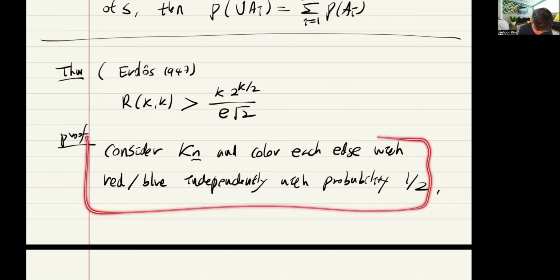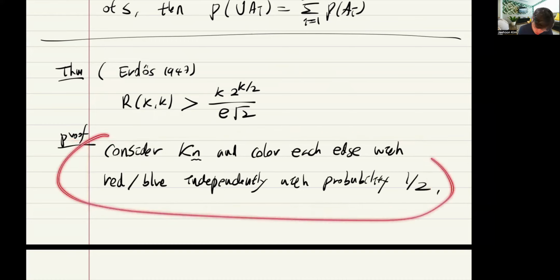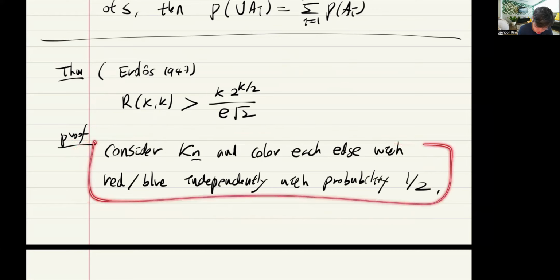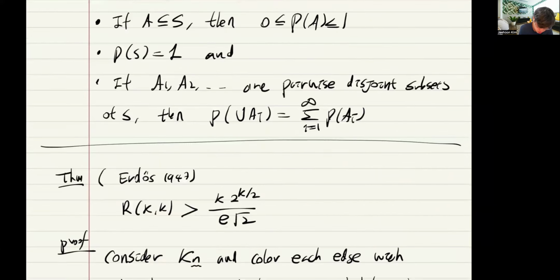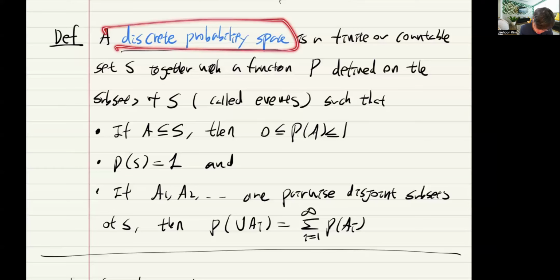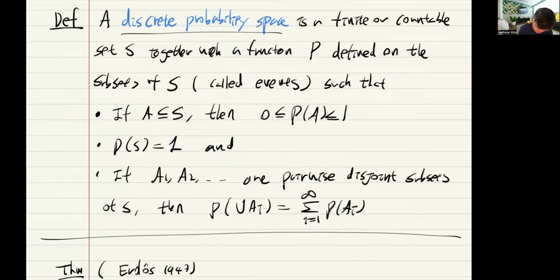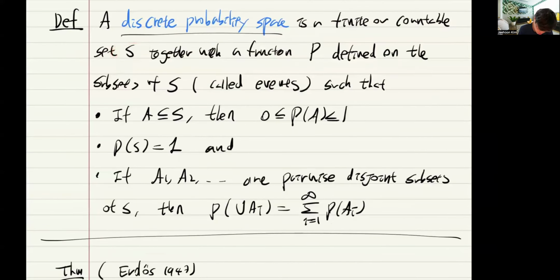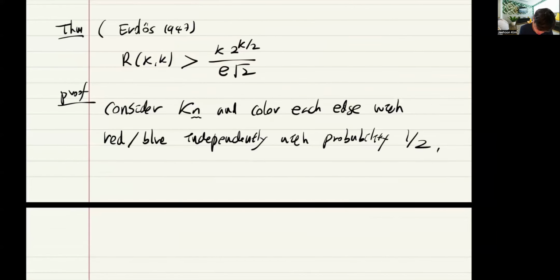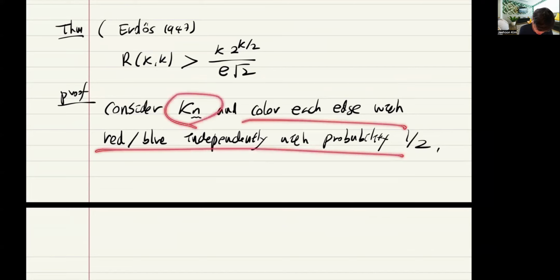This is not a 100% rigorous statement. What it is saying is that we are considering the discrete probability space whose universe S consists of elements, and each element is a red-blue coloring of this graph.